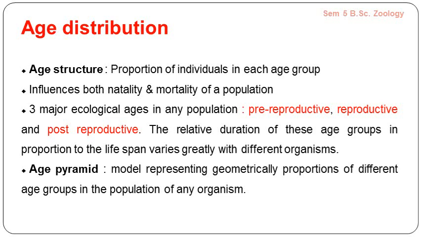Now, the relative duration of these ages varies greatly in different organisms, isn't it? In lower organisms, the reproductive age may be very prolonged, but in higher animals, or larger animals, reproductive age may be very short. The reproductive period usually is restricted to a small part of the lifespan of the organisms, and this determines the population growth.